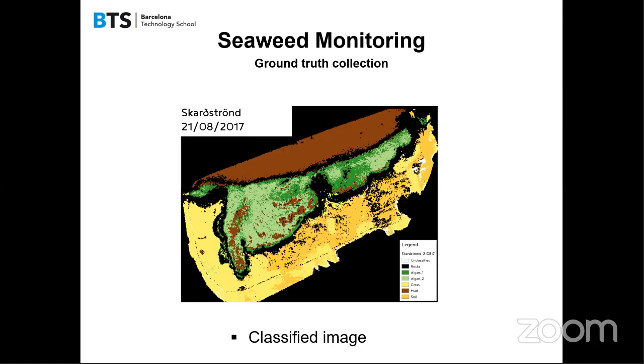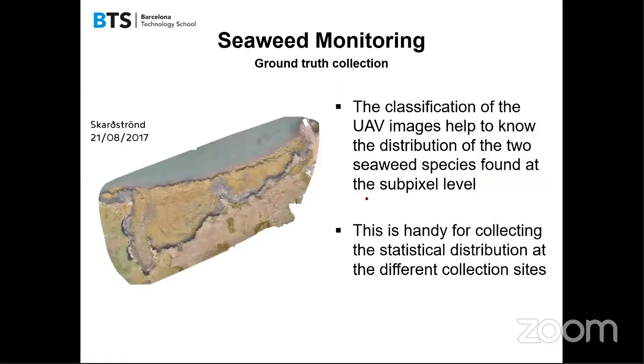And we will have that classified image that we will use as a reference. So I know that this will introduce error in the system, but we have no other way to do that. So basically, we will know the distribution of species thanks to the UAV image. So we will know for this pixel what the distribution was there in Ascophyllum.